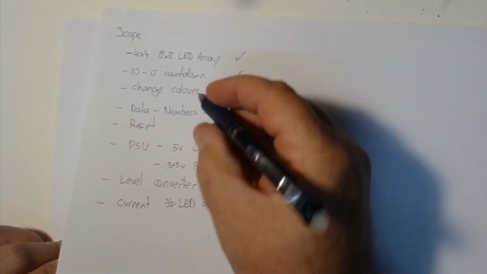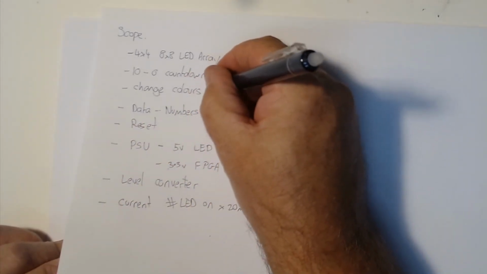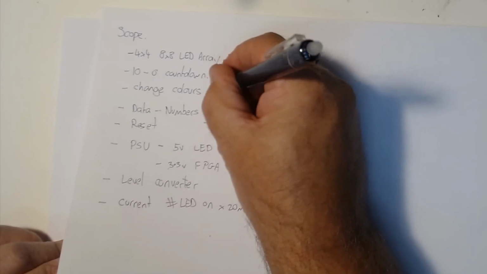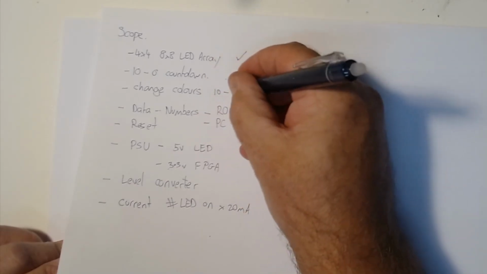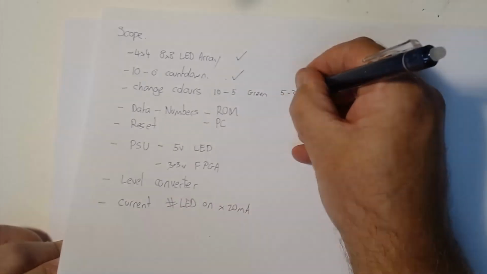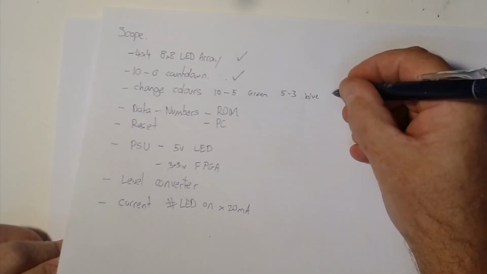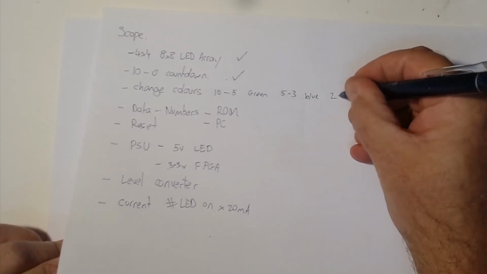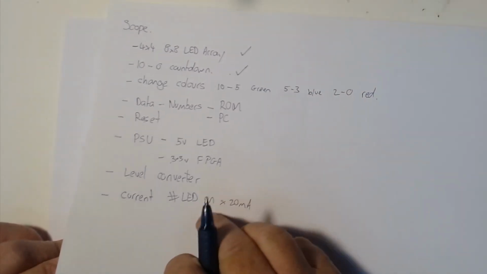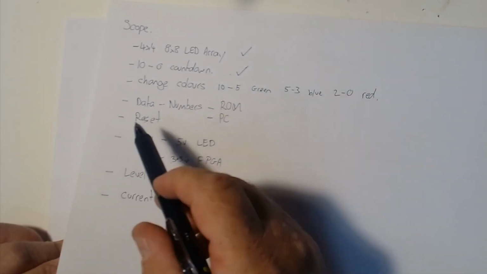Now we want to change colors. So we might start off as 10 down to 5 is green, 5 to 3 is blue, and 2 to 0 is red. So we're going to need to keep track of where we are.